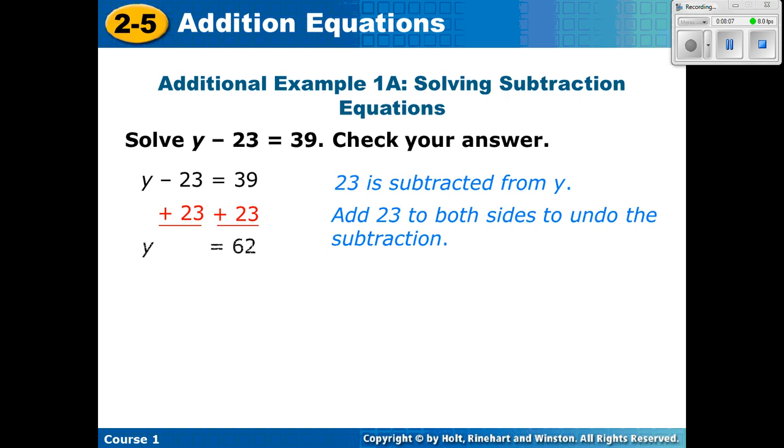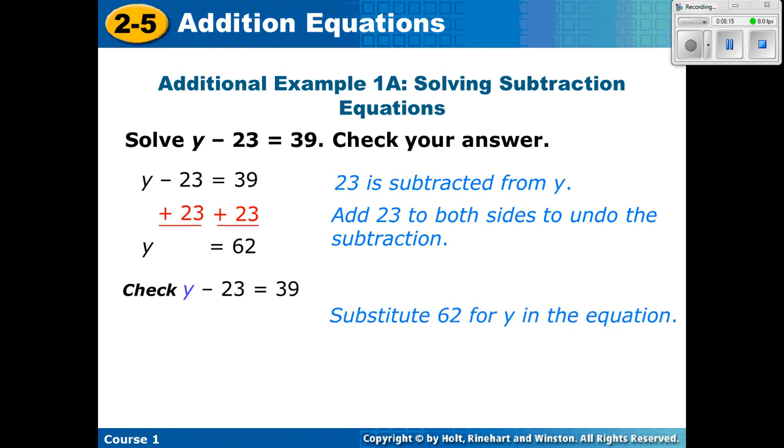So then we have y equals 62. And of course, we can always check our work. So let's add 62 in for y. So it's 62 minus 23 equals 39. And yes, it is a solution. It is balanced. 39 equals 39.